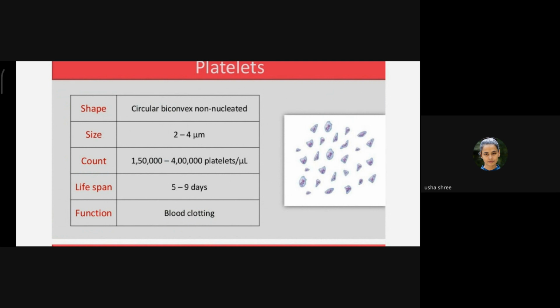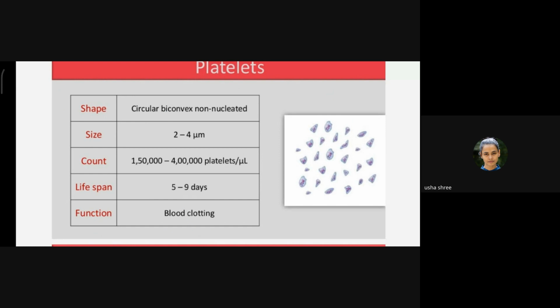What was the shape of RBC? Biconcave. Very good. It was circular, biconcave, and non-nucleated. Now here the only difference is platelets are biconvex, means bulged from both sides like a tablet.